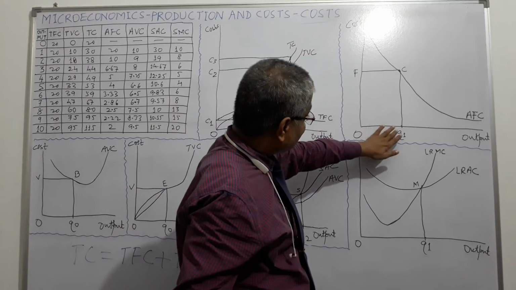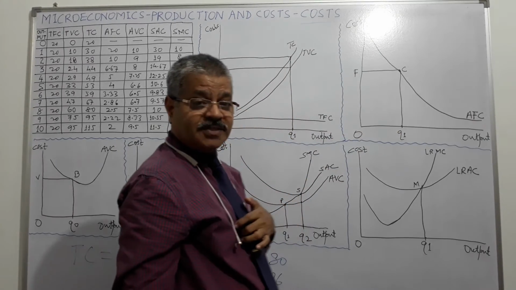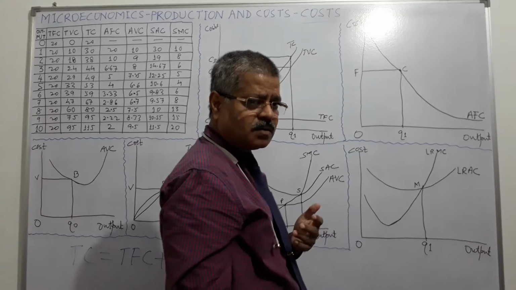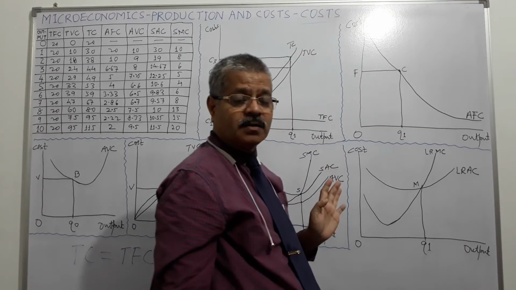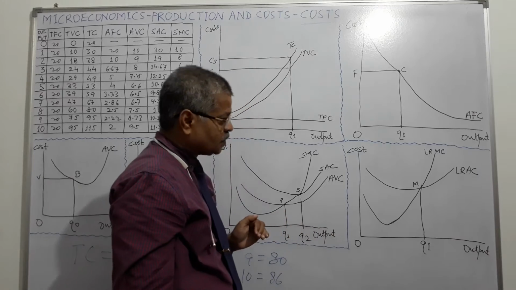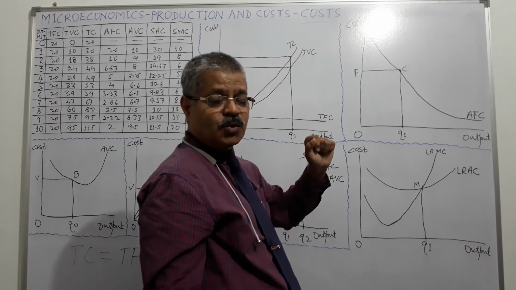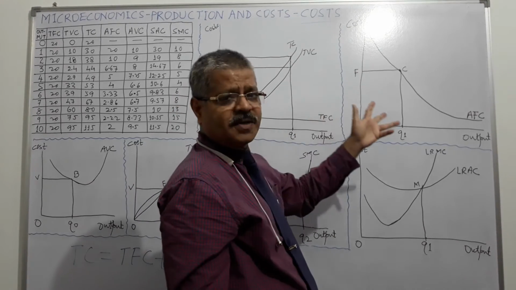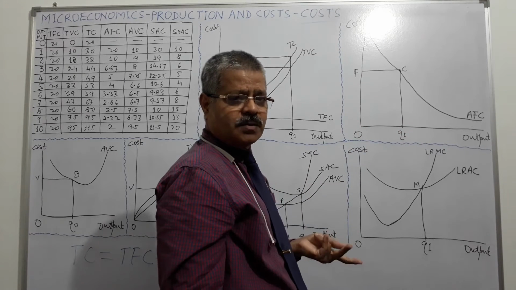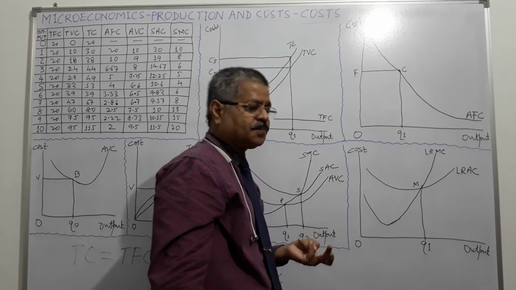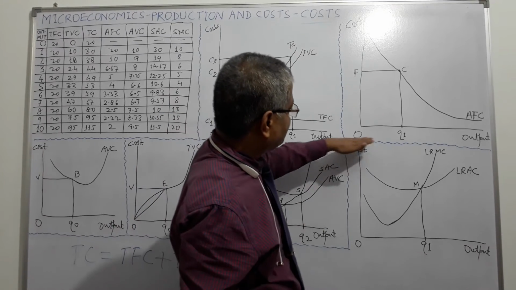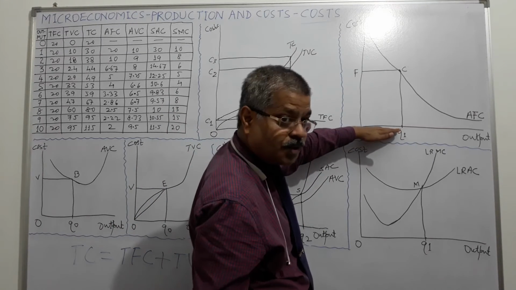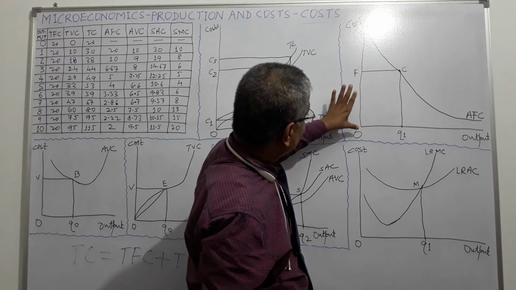So at this stage, what will be the total fixed cost? It's very simple. It is OFCQ1, right? How do you find total fixed cost here? Average fixed cost into quantity produced, right? So at Q1 level of output, average fixed cost is OF.